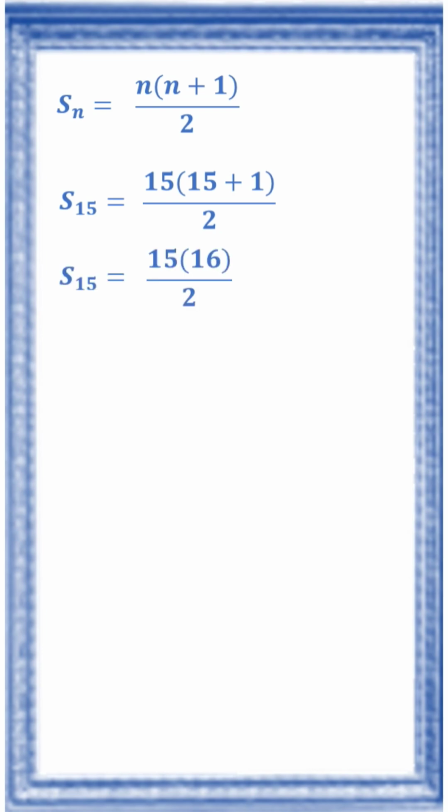Now here n is 15. So S15 is equal to 15 into 15 plus 1 by 2, that is 15 into 16 by 2. 2 eights are 16, so 15 into 8, that is equal to 120. 120 is the total marks in the question paper.